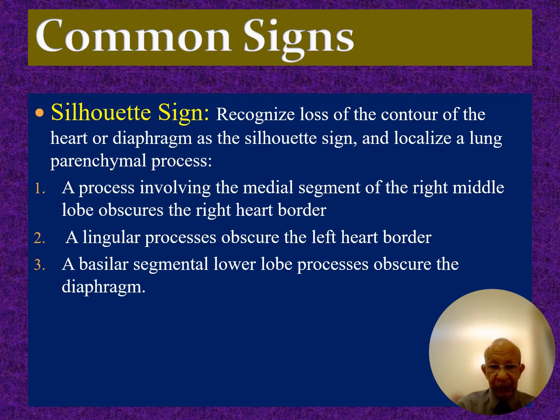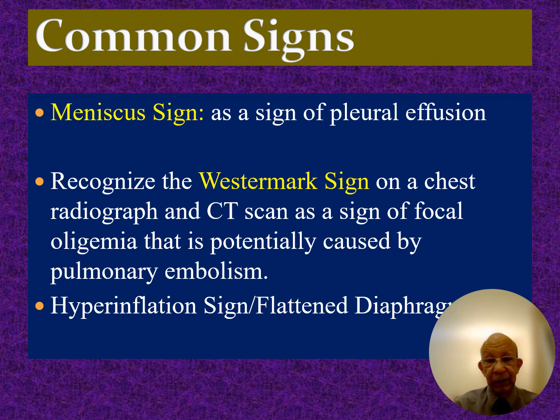If you have a lingular pathology, the left heart border is obscured. If you have any pathology in the lower lobes, it can obscure the silhouette sign of the hemidiaphragm, as can pleural effusions. The Westermark sign is a sign of pulmonary embolism or oligemia.